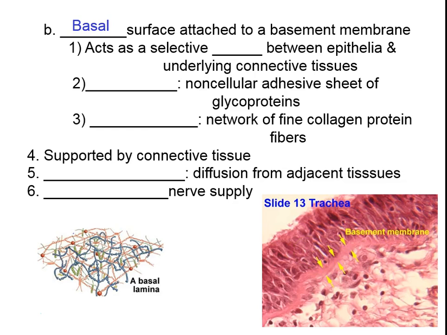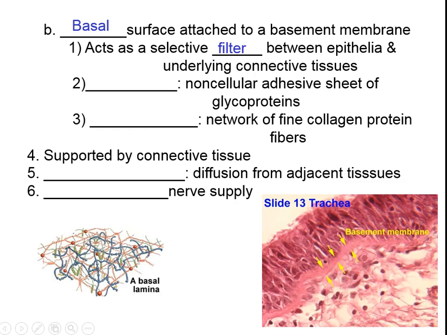It has poles. That's why we say it has polarity. So the basal surface is attached to a basement membrane, and it acts as a selective filter between the epithelia and the underlying connective tissue. Epithelial tissue is avascular, so in order for these cells to receive their nourishment, they have to get it from the connective tissue underneath. So that basement membrane in between that's under the basal surface acts as a filter.